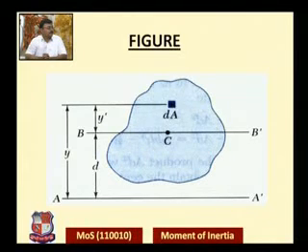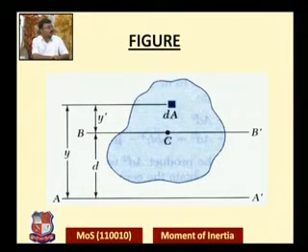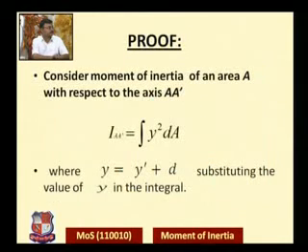At the same time, the element dA is also located at a distance y from the parallel axis AA dash. So first of all, we will find out the moment of inertia of the element about the centroidal axis and the axis AA dash, which is the parallel axis to the centroidal axis.